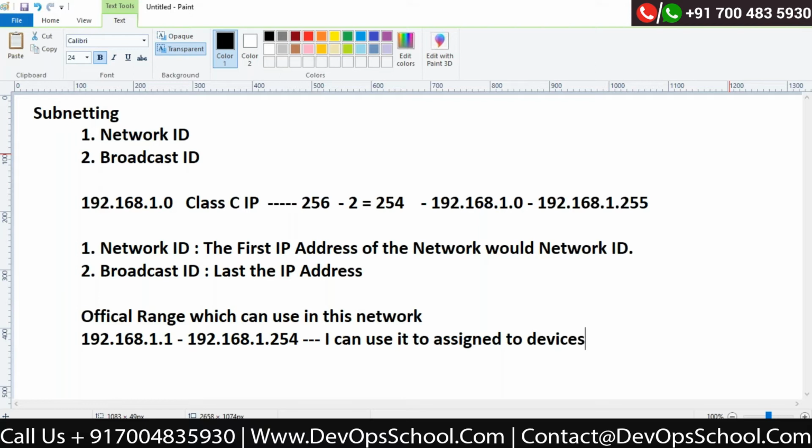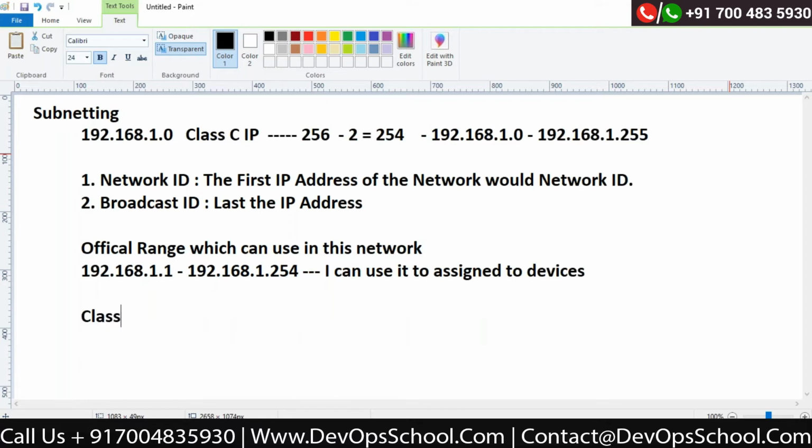Now, for every network, whatever network we have seen, the three types of network, what is the class A subnet mask? It's 255.0.0.0. Correct. Similarly, for class B it is 255.255.0.0. Correct. Class C is 255.255.255.0. This is the subnet mask of those particular classes.